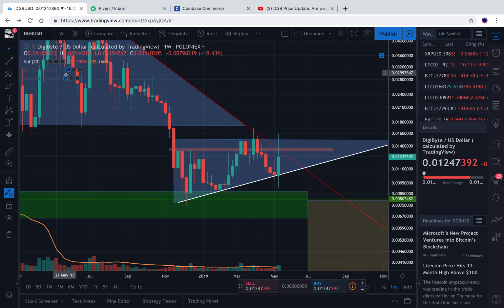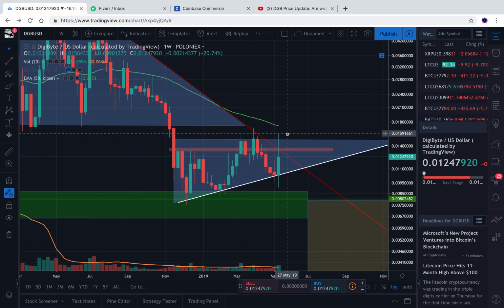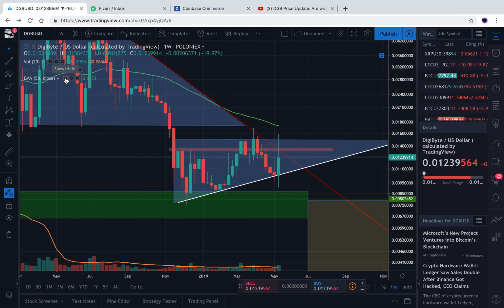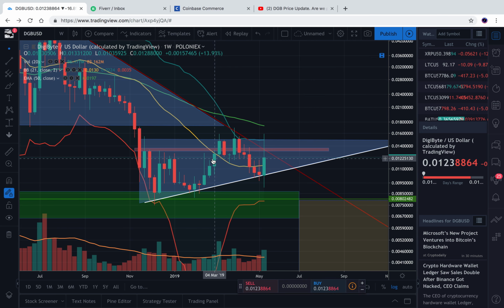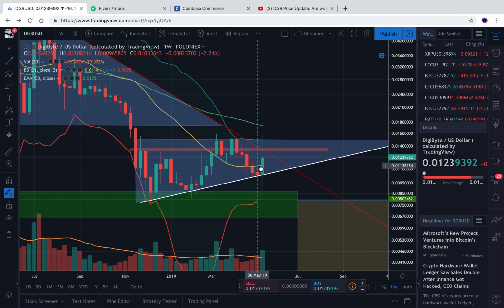But the 50-week EMA, we almost got there. We didn't quite touch it yet. We'll take a look at the Bollinger Bands real quick. So maybe if we retest this 21-week MA and get a bounce off of there, that's somewhere around 114.